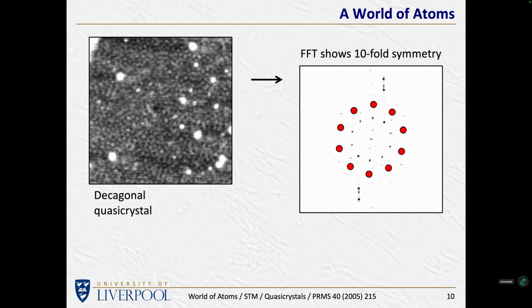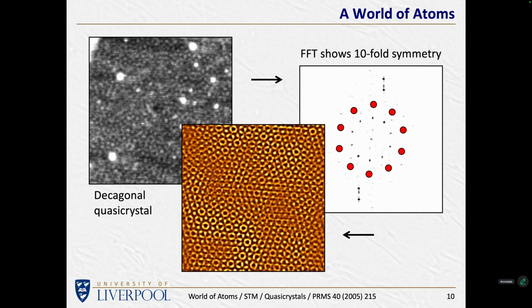And using that information about the pattern, we can reconstruct what the surface would look like if there wasn't any of this contamination or anything else getting in the way. And that's what we would get. So this, we think, is what the surface would look like if we had no contamination and if all of the information in that image was made as clear as possible.